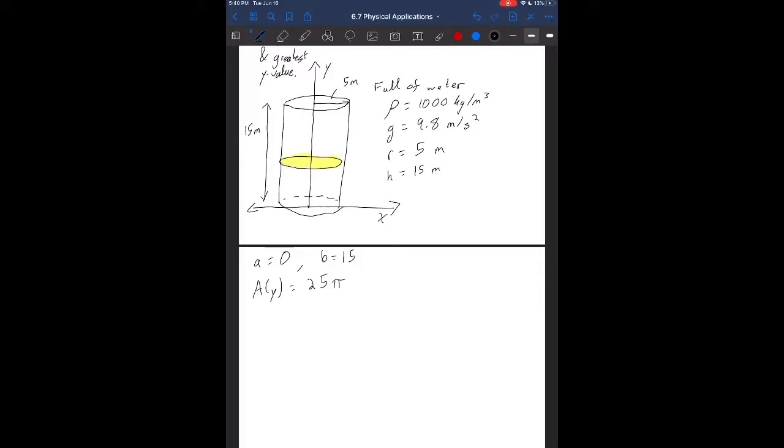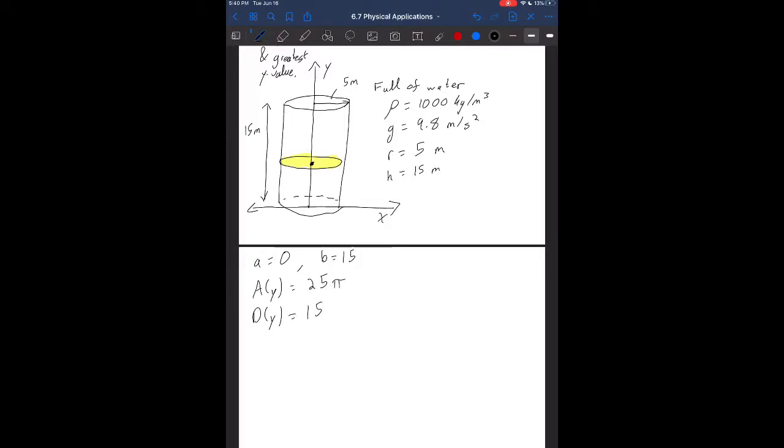Okay. And the final thing we need to know is our distance function. So if we're at a specific y value, how far do we need to be lifted up? So distance of y. If we're at this y value right here, we are y meters up from the bottom, and we need to go 15 meters.